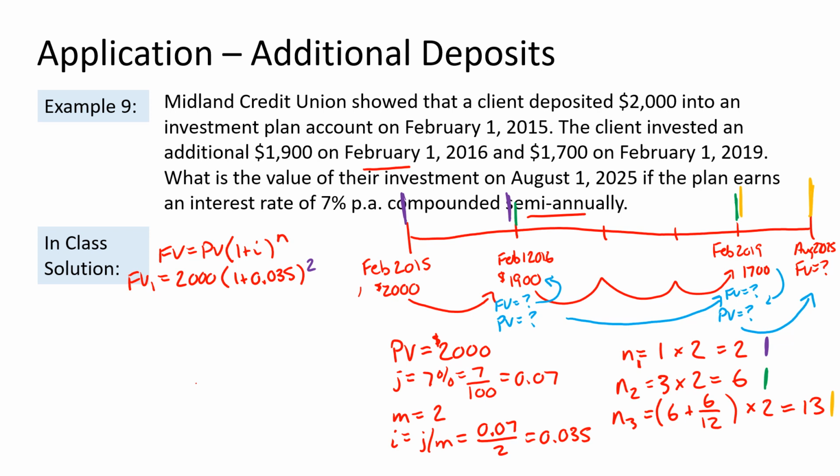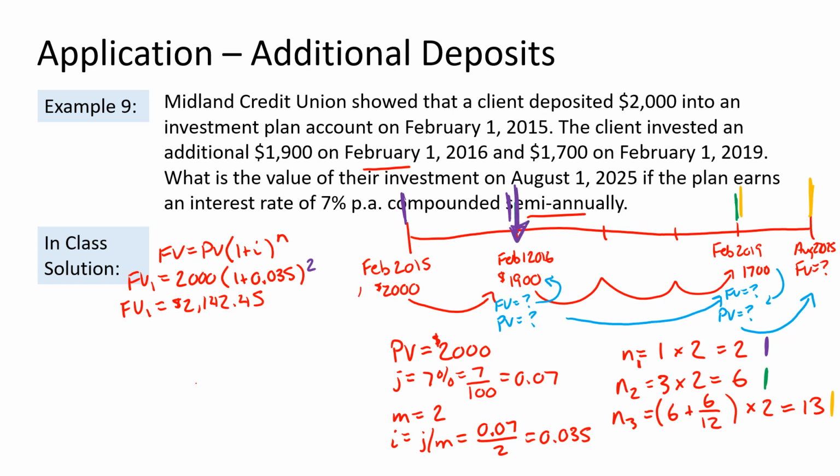Multiplying this out, future value for our first calculation is $2,142.45.